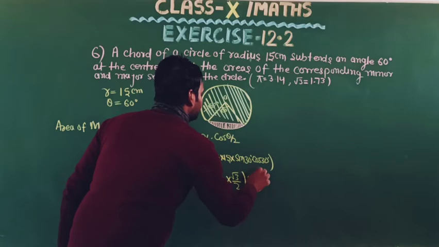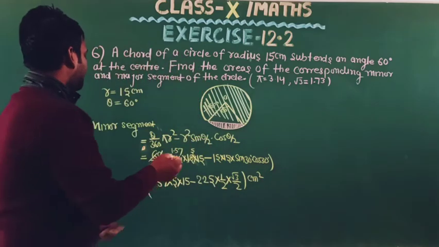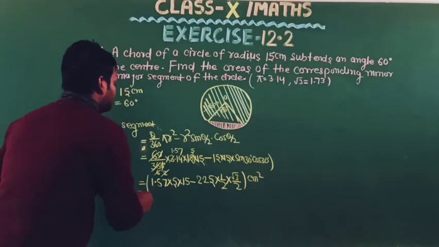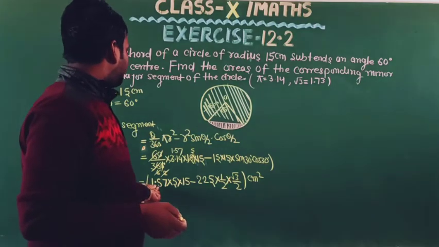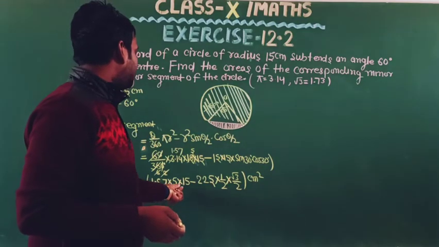This is in centimeter square. Now multiply 1.57 into 5 into 15.